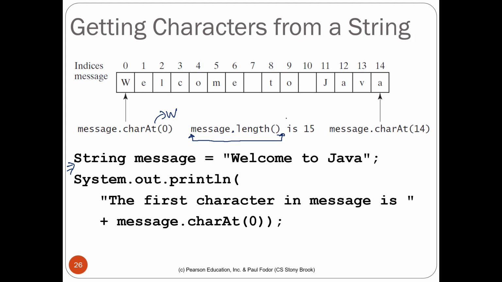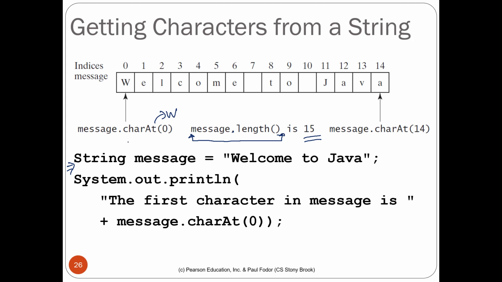If you really want to double check, then we can count: 1, 2, 3, 4, 5, 6, 7, 8, 9, 10, 11, 12, 13, 14, 15. So we have 15 characters. So .length is important, which will give us the size of the string in terms of the number of characters it has.